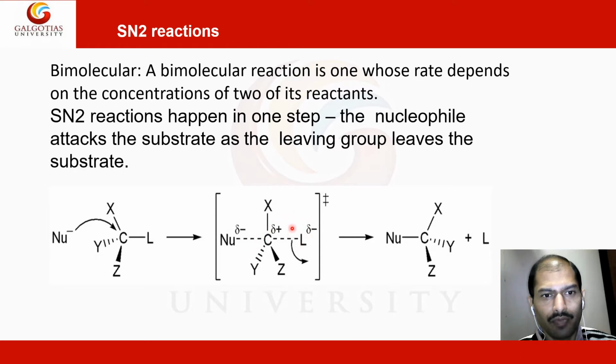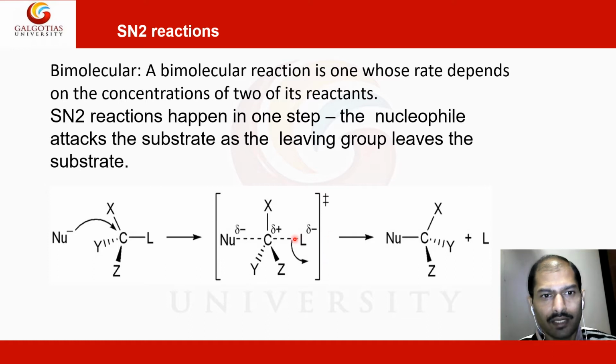The nucleophile makes an intermediate with the substrate, and at the same time the leaving group is weakened, since the nucleophile is going to be attached to this carbon while the leaving group leaves.